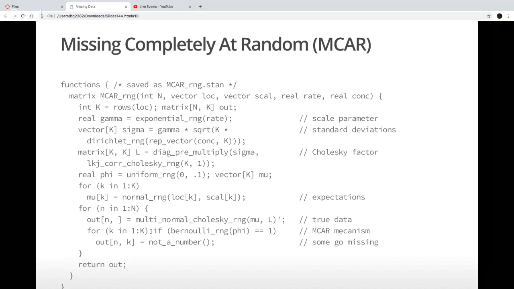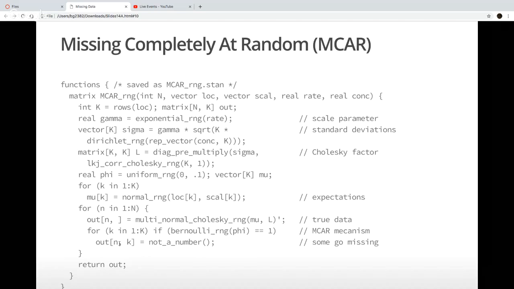And if that Bernoulli comes up true, then I replace the kth value on the nth observation with NA, which is given by the function not a number in Stan. So when those Bernoullis come up true, the value for that variable is missing. It's hidden from the researcher.